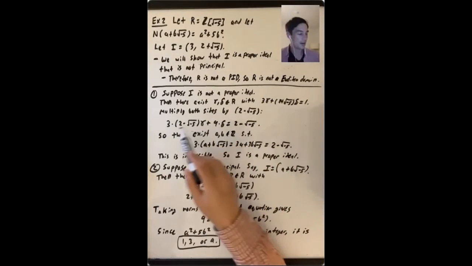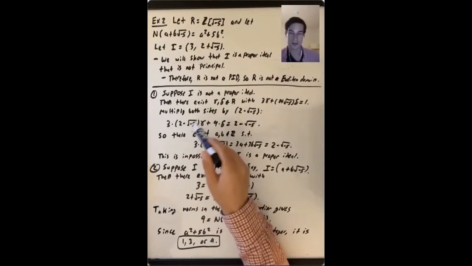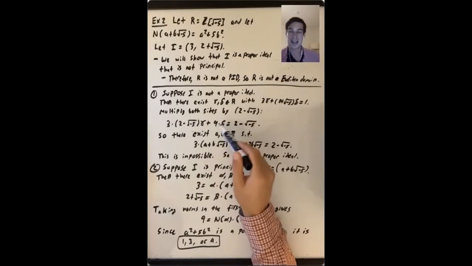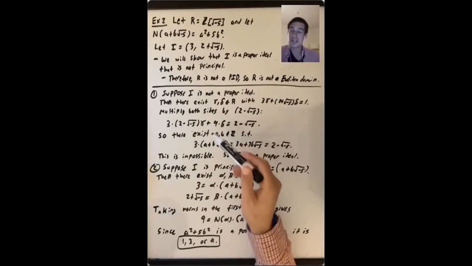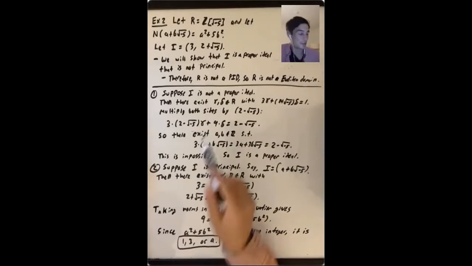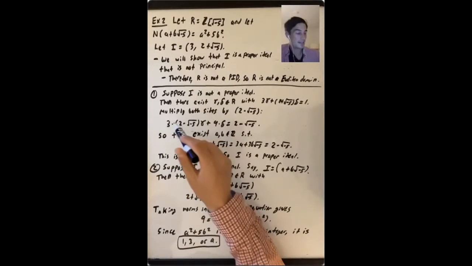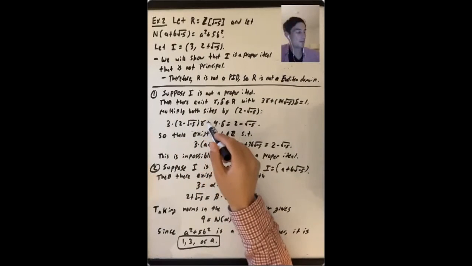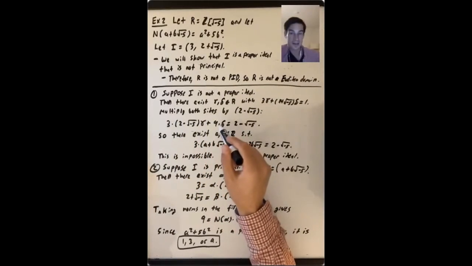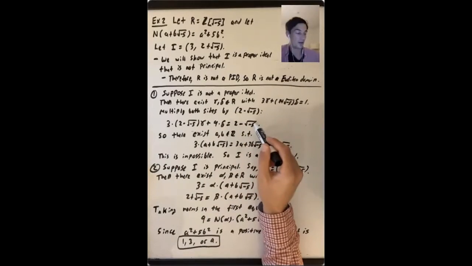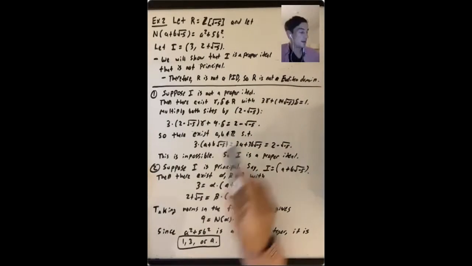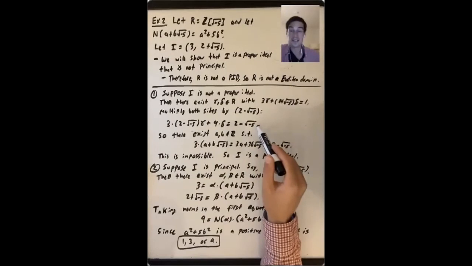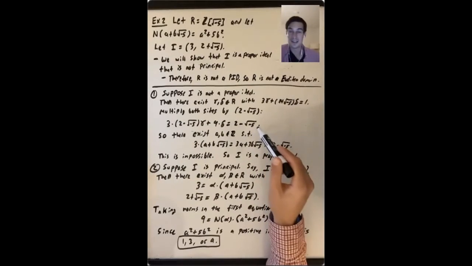Okay, so what's true here? 3 divides this first term in the sum, and 3 divides this next term in the sum. So you could use the distributive law in this ring to factor out a 3 and say 3 times ((2 minus square root of minus 5) gamma plus 3 delta) is equal to 2 minus square root of minus 5. So what's the point? 2 minus square root of minus 5 is now a multiple of 3 in this ring.